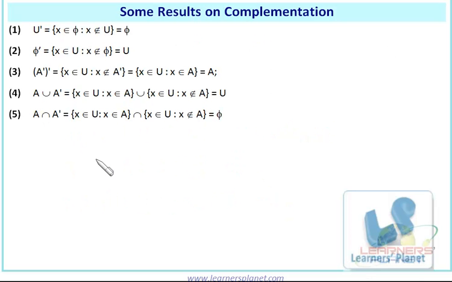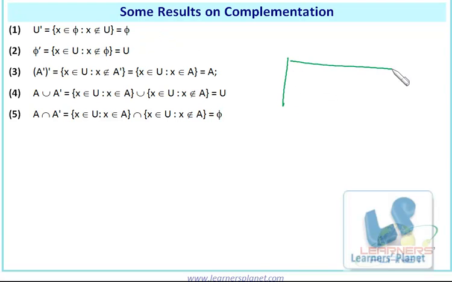Now let's discuss some results on complementation. Results you have to learn, but you should be conceptually clear why it is happening. Suppose we take the first one, that is U dash is equal to X belongs to phi, such that X does not belong to U, which is actually phi. Now why is U dash phi?